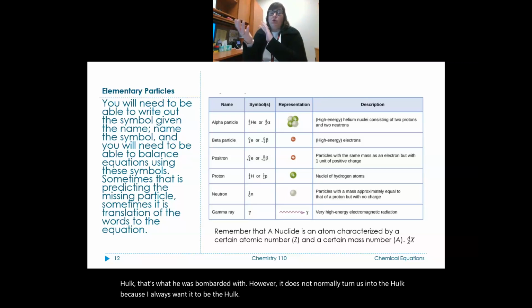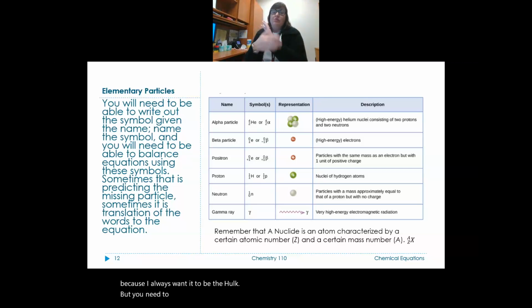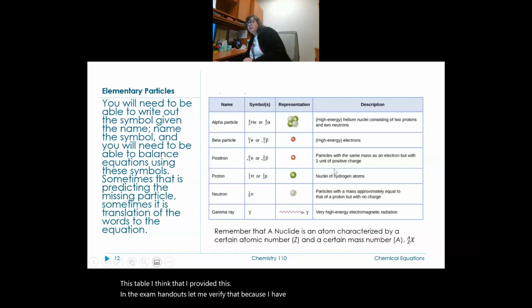But you need to know how to write one of these particles or how to identify those particles. So you'll need to know this table. I thought that I provided this in the exam handouts. Let me verify that because I have that over here.